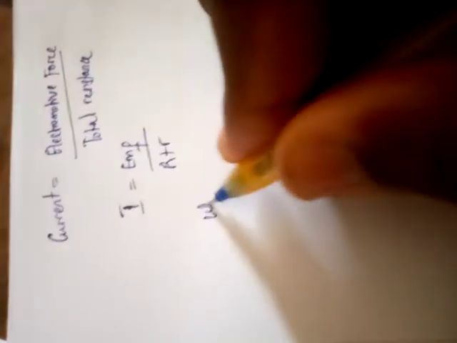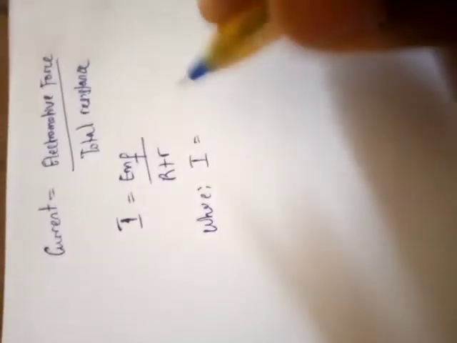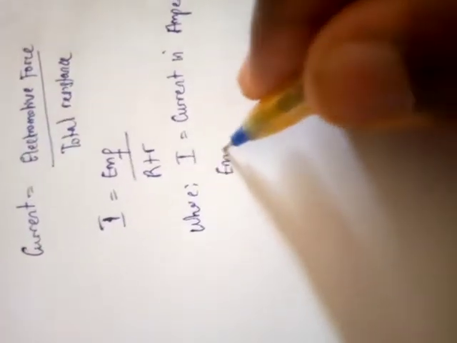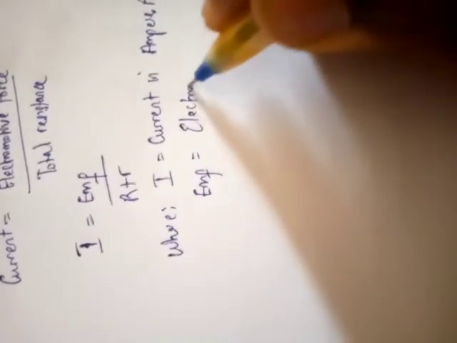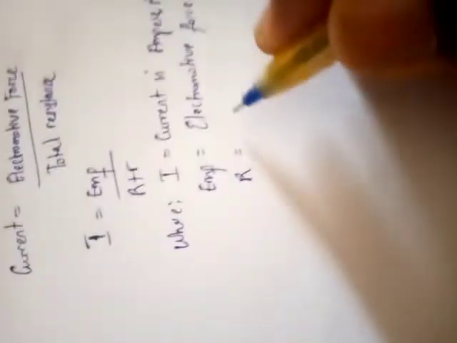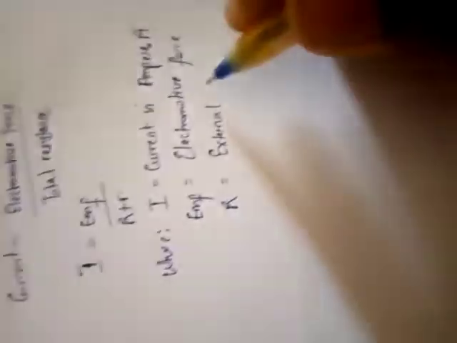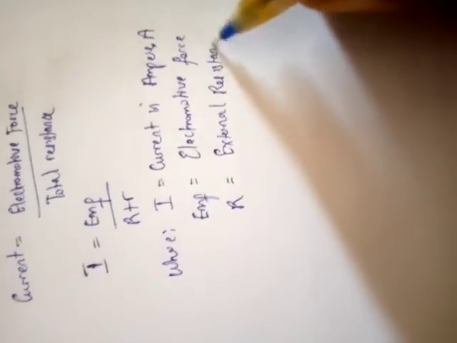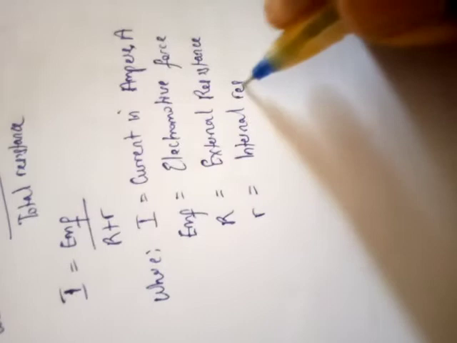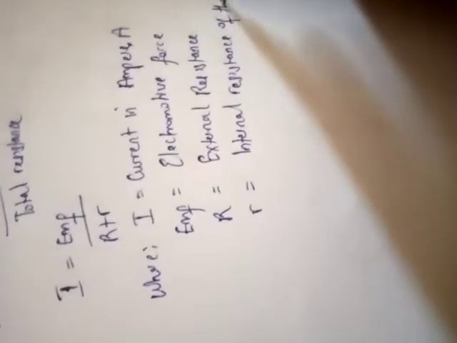That is I is equal to EMF over R plus r, where I is equal to the current in ampere, A. EMF is equal to the electromotive force, R, the big R, is equal to the external resistance, and the small r is equal to the internal resistance of the cell.